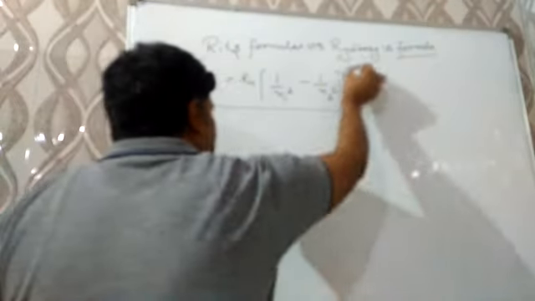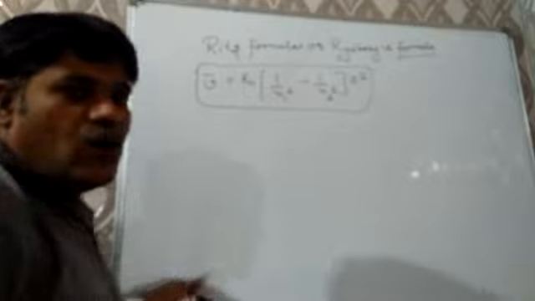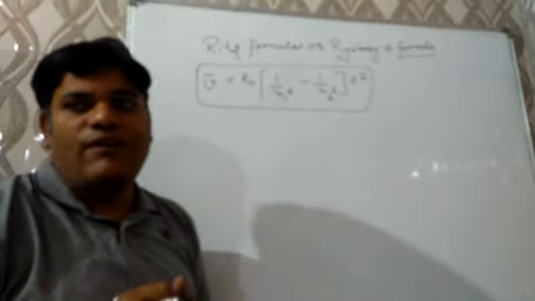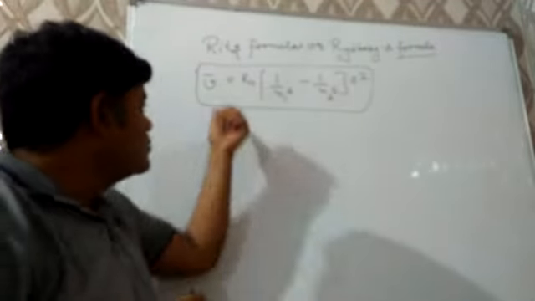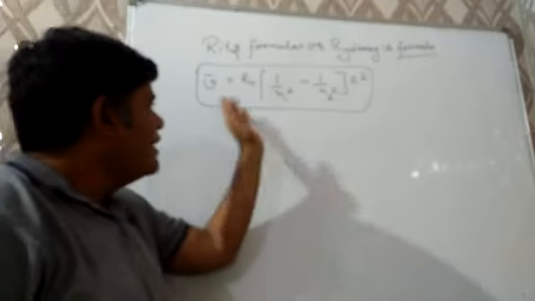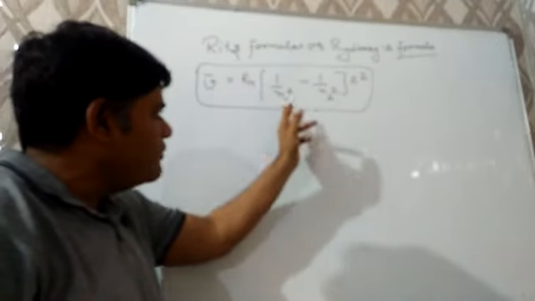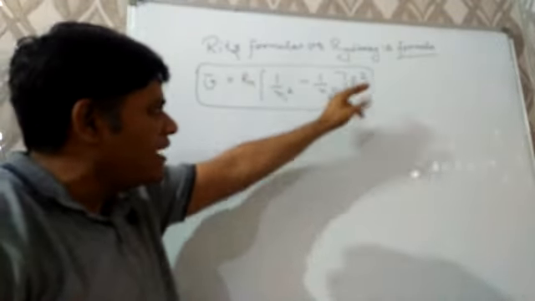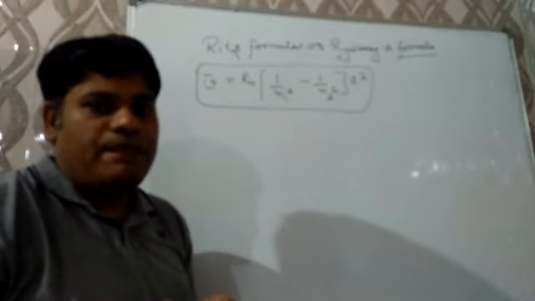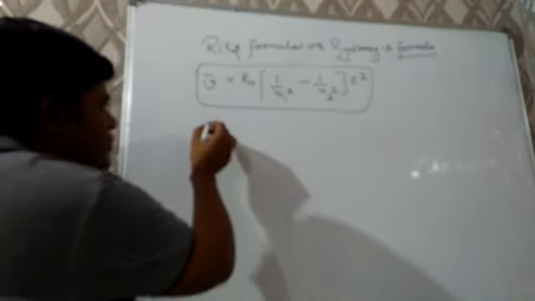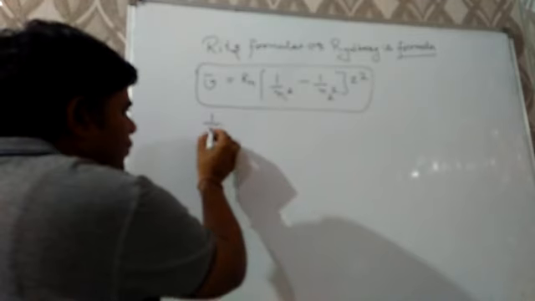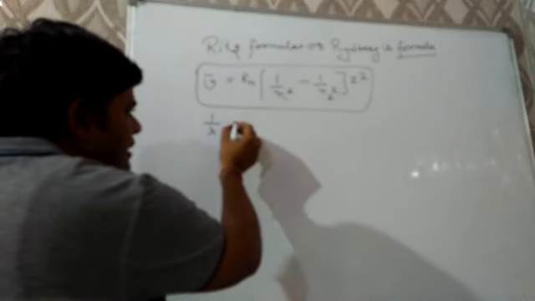Wave number for a transition from a higher energy level to a lower energy level can be found by use of this formula: nu bar is equal to RH into 1 by n1 square minus 1 by n2 square into Z square.